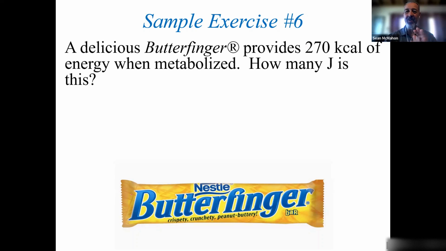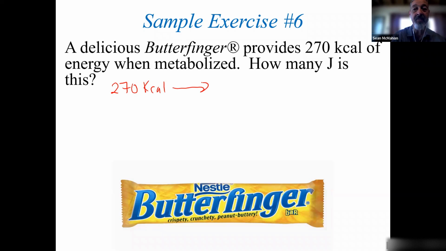All right, so let's try another calculation with just the units of energy, where if I had a Butterfinger and it's 270 kilocalories, and I want to metabolize this, how many joules would this give me? Okay, so I start with 270 kilocals.